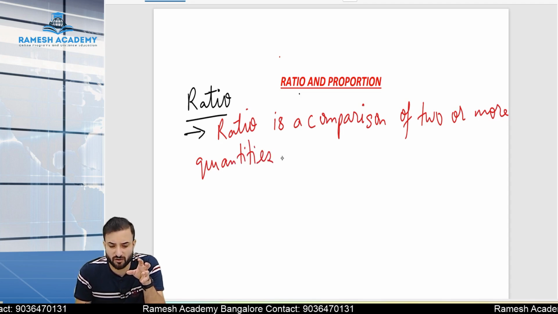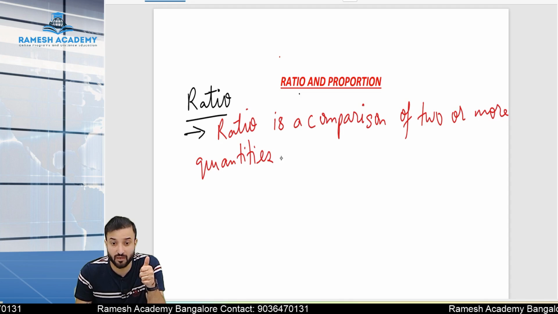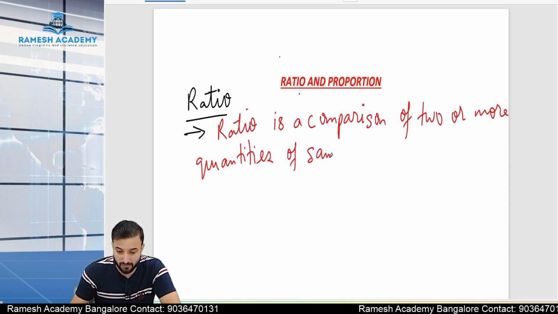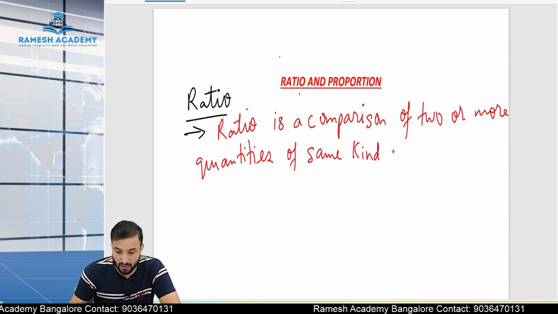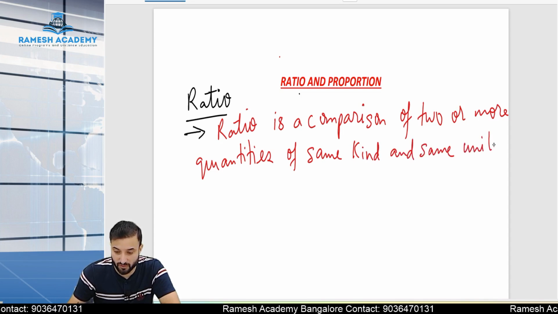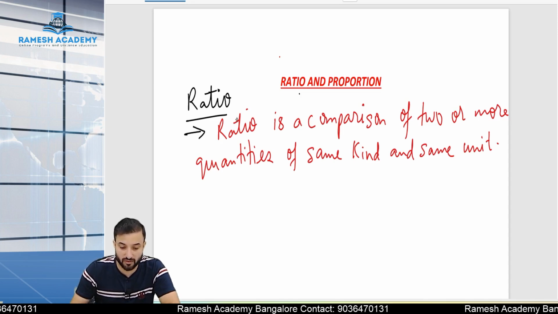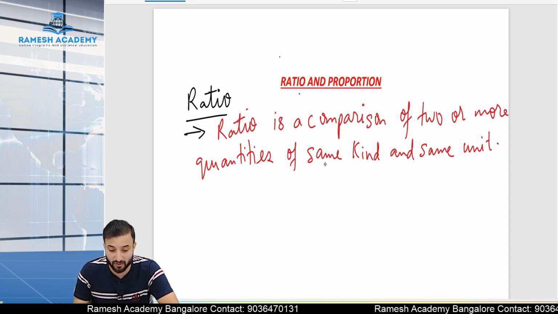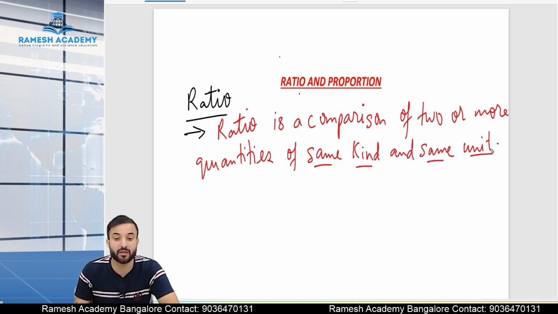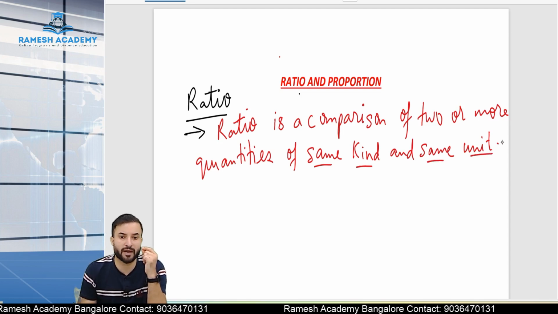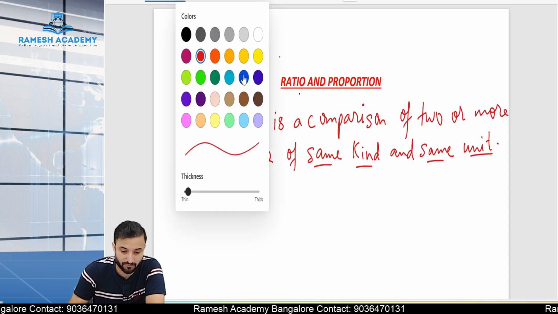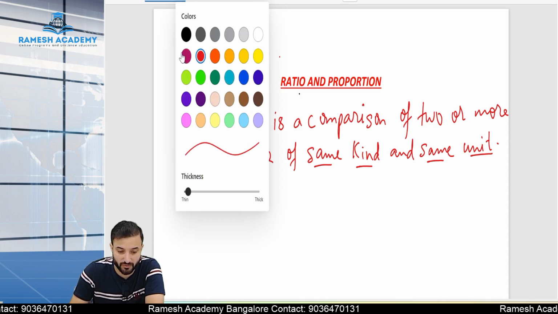But a very important thing: quantities of the same kind and same unit. This is very important, guys. We learned ratio is a comparison of two or more quantities, of the same kind and same unit. Why do we want the same kind and same unit? Let us suppose we take one example. See, you can see the color, which color do you choose?